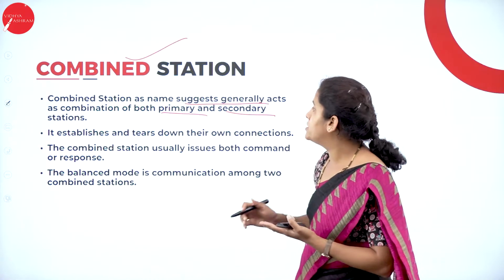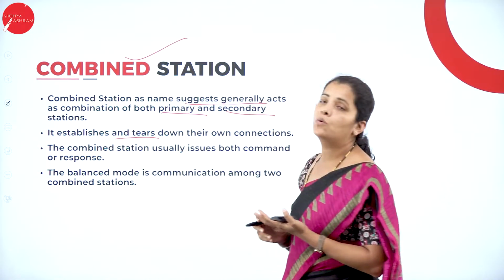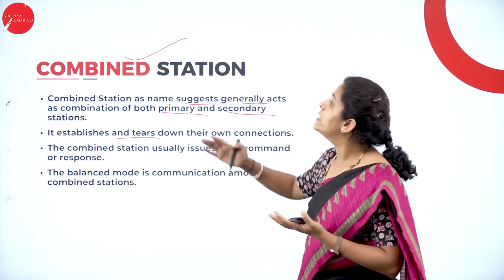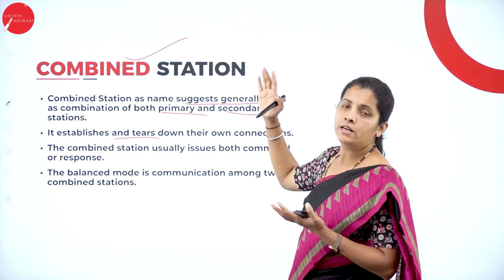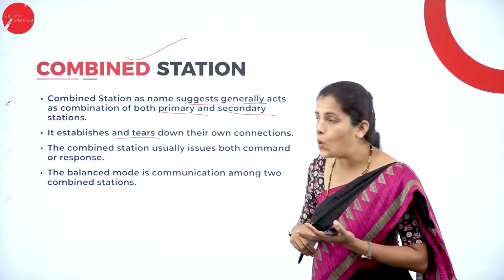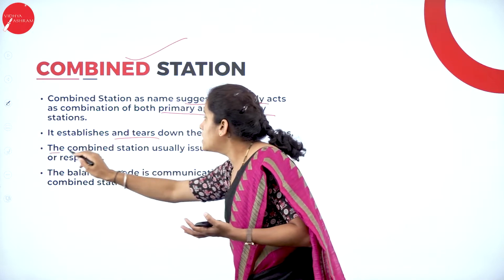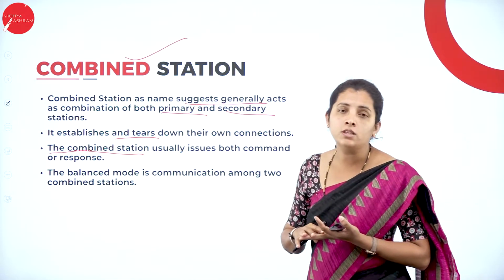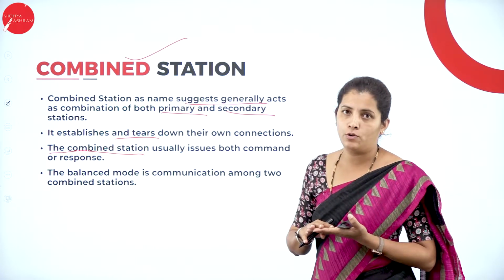It establishes and tears down its own connections. That means in a combined station, the connections are established on its own. The combined station usually issues both commands and responses.